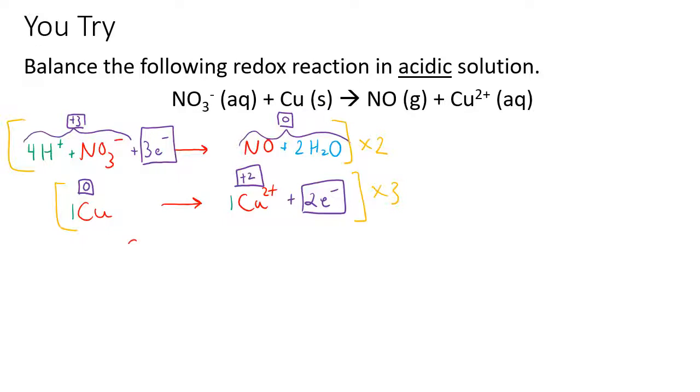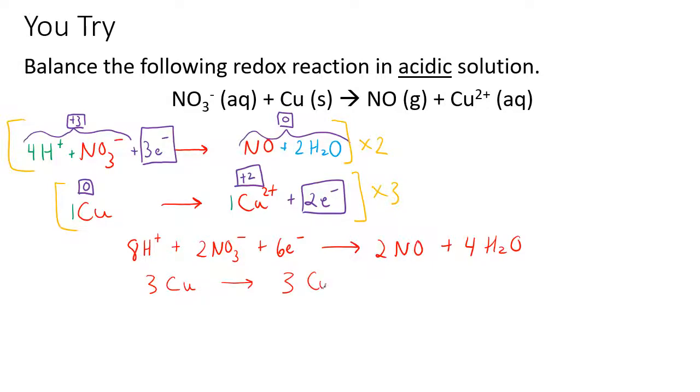Our first reaction will be 8 hydrogen ions plus 2 nitrate ions plus 6 electrons, and on the product side we'll have 2 NO plus 4 water molecules. For our bottom half reaction, we'll get 3 copper going to 3 copper 2+ plus 6 electrons.